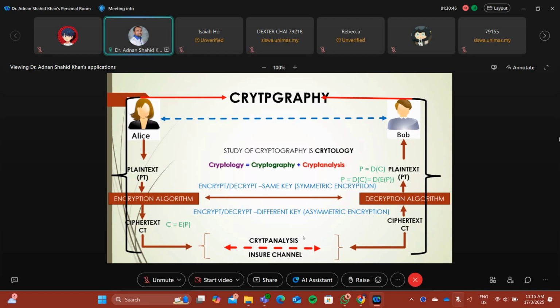So this is insecure, we call this cryptanalysis. This is the value for the attacker. And the whole study of cryptography and cryptanalysis, we call cryptology.